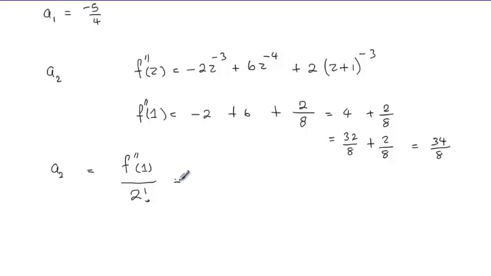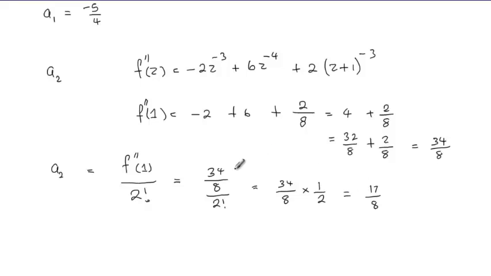So we get 34 over 8 divided by 2 factorial, and 2 factorial is 2, so we've got 34 over 8 multiplied by 1 over 2, which will give us 17 over 8. Now I'm going to stop here.